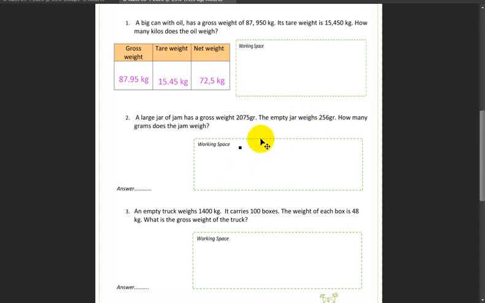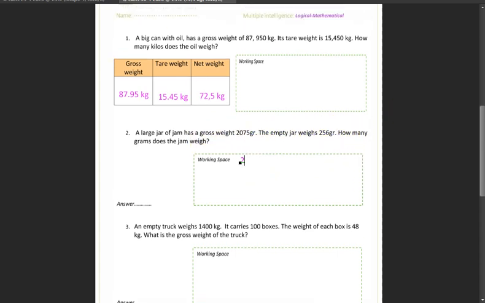Meaning that to find the answer, since this is the tare weight, if you remember from the formulas from before, the net weight is what we're looking for, how much the jam, the inside. And to find the net weight, we need to subtract the other two. So we are going to have to do 2075 minus 256.